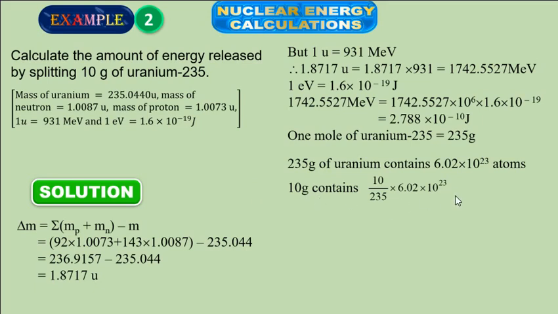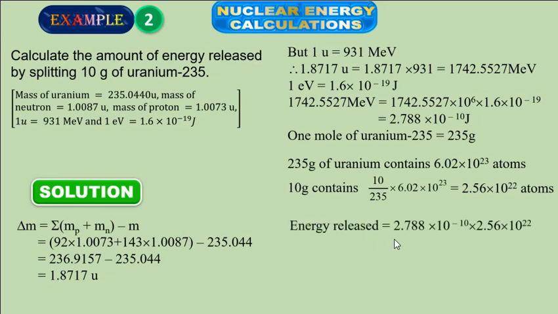So now, that will give us 2.56 times 10 raised to the power 22 atoms in 10 grams of uranium-235. Then the energy release then will be 2.788 times 10 raised to the power minus 10, the energy we have calculated already, multiplied by the number of atoms in these 10 grams, because one atom is giving us that.